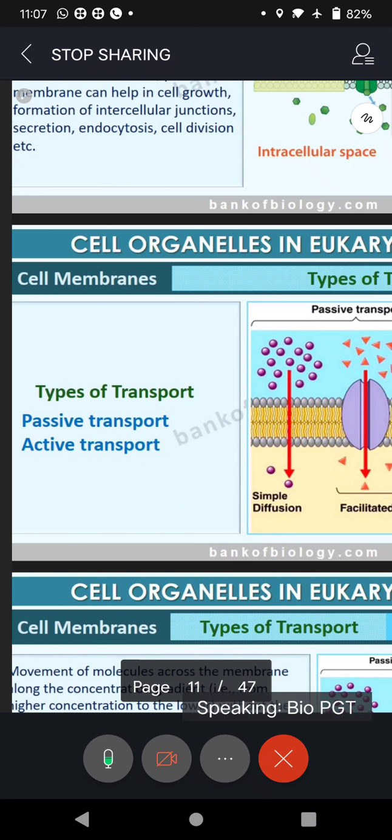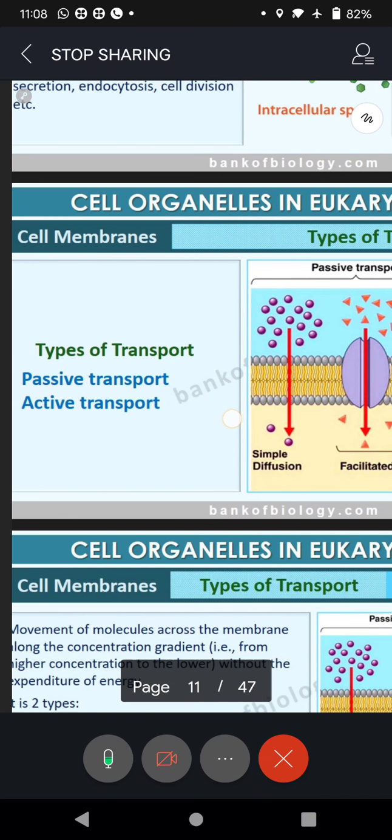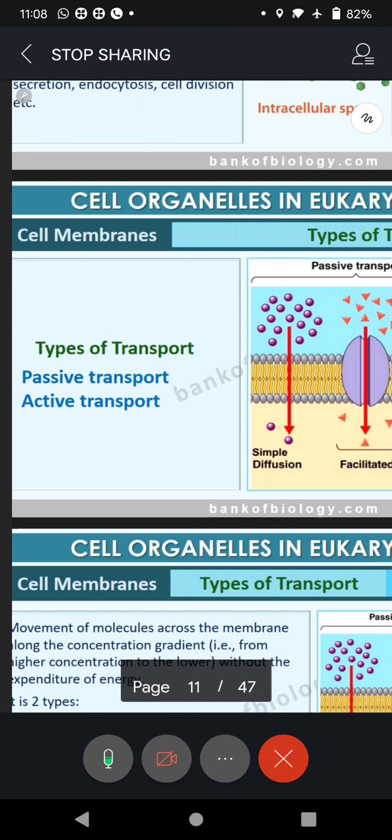Sometimes you must have seen certain things moving along with the flow of water, in the Krishna river, Tungabhadra river, Bhima river. You just drop some material in that river, and the material goes on because of the flow of water. There, it is passive transport, meaning it is not spending any energy.